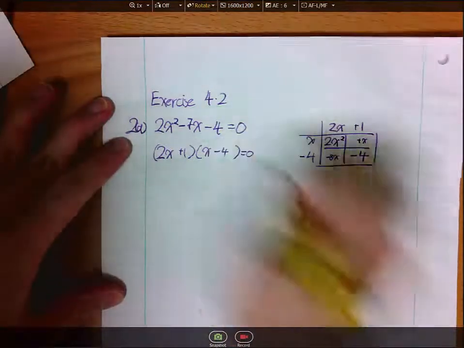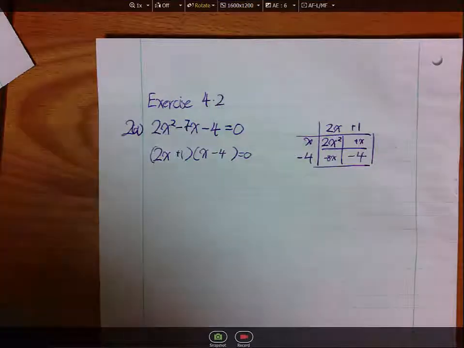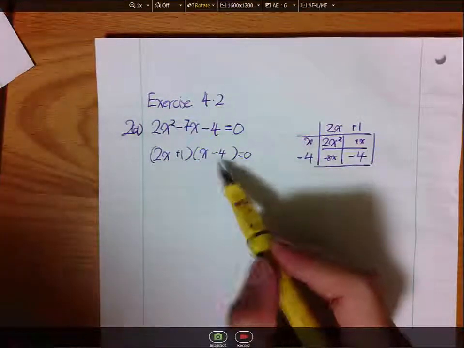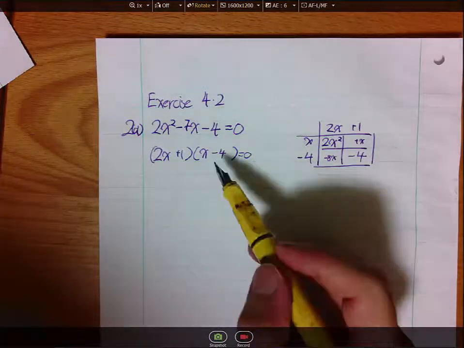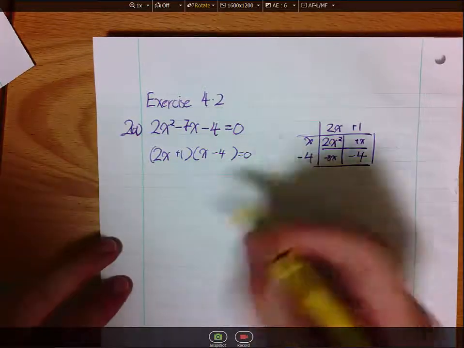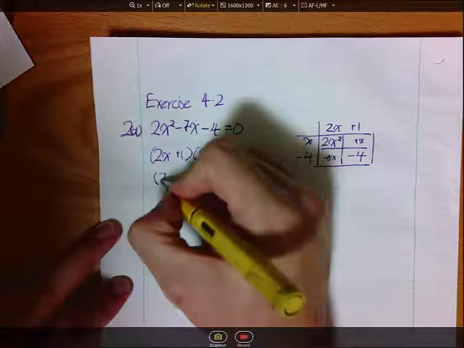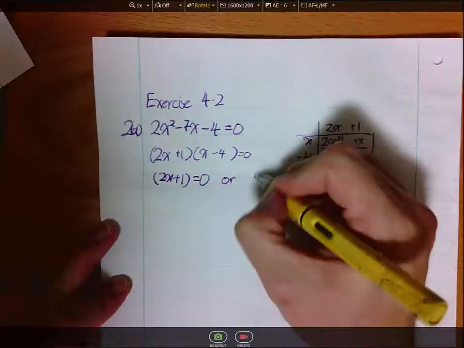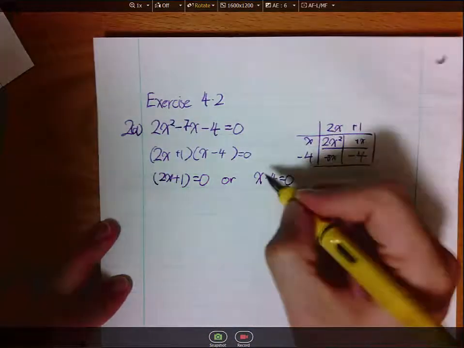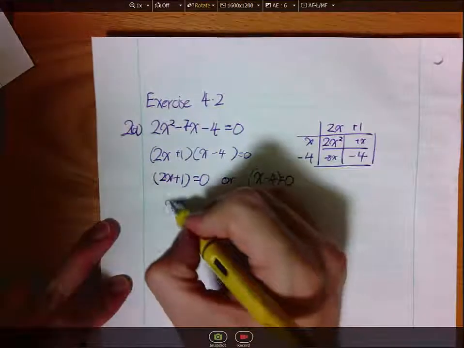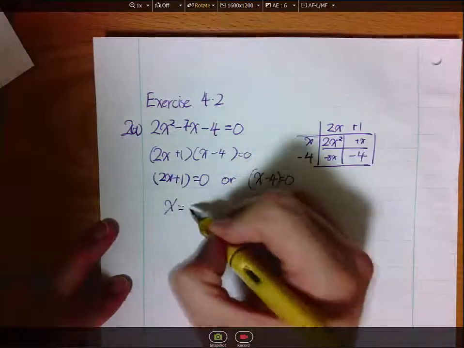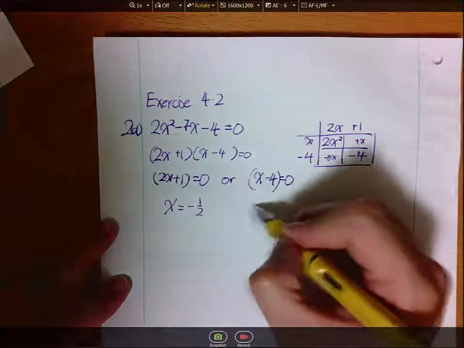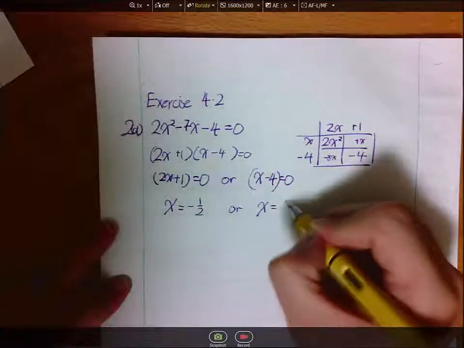So I have (2x plus 1)(x minus 4). What I've done is I've applied the skill from an earlier chapter. We factorize first. After we have factorized, we apply the skill we learned from this chapter, where we know that 2x plus 1 equals 0, or x minus 4 is equal to 0. So if you solve it, x is equal to negative half, or x is equal to 4.